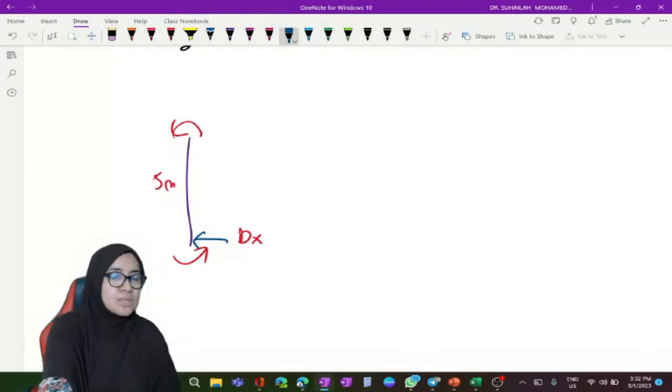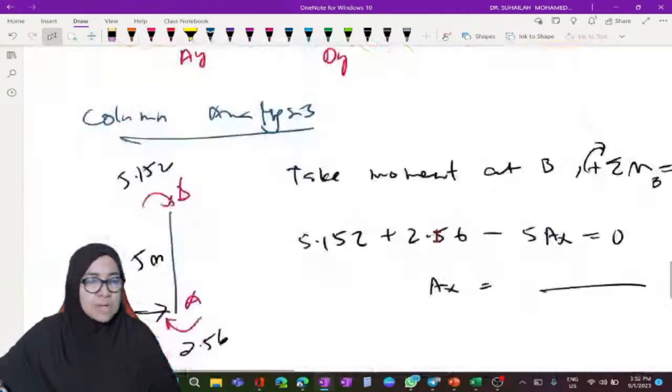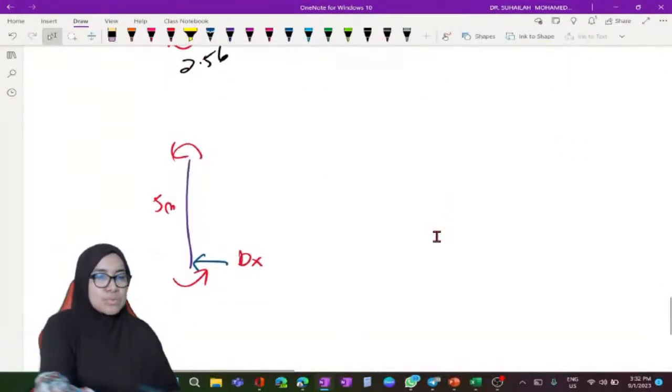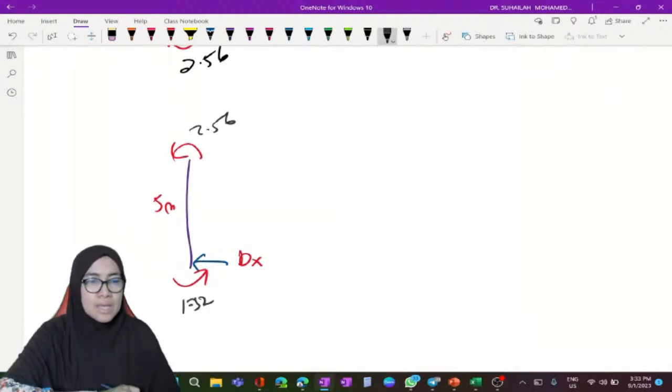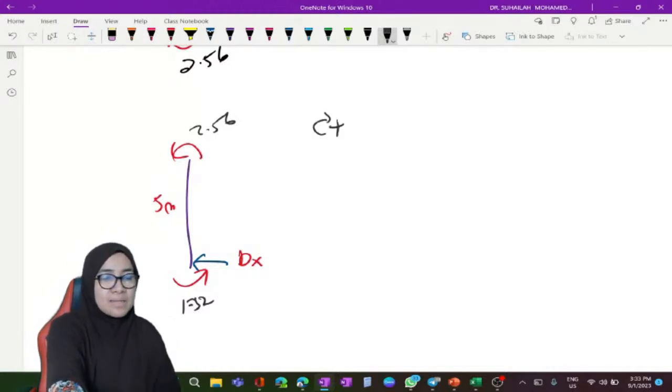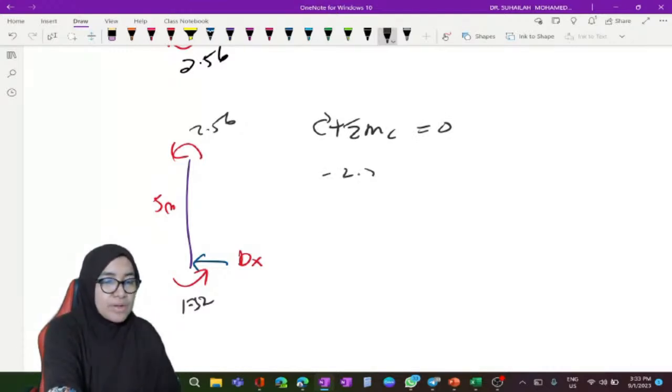The values from the table are 2.56 and 1.32. This is 2.56, this is 1.32. So we have to take moment at C so that we get DX. It is negative 2.56 minus 1.32 plus 5 DX equals 0. So DX.